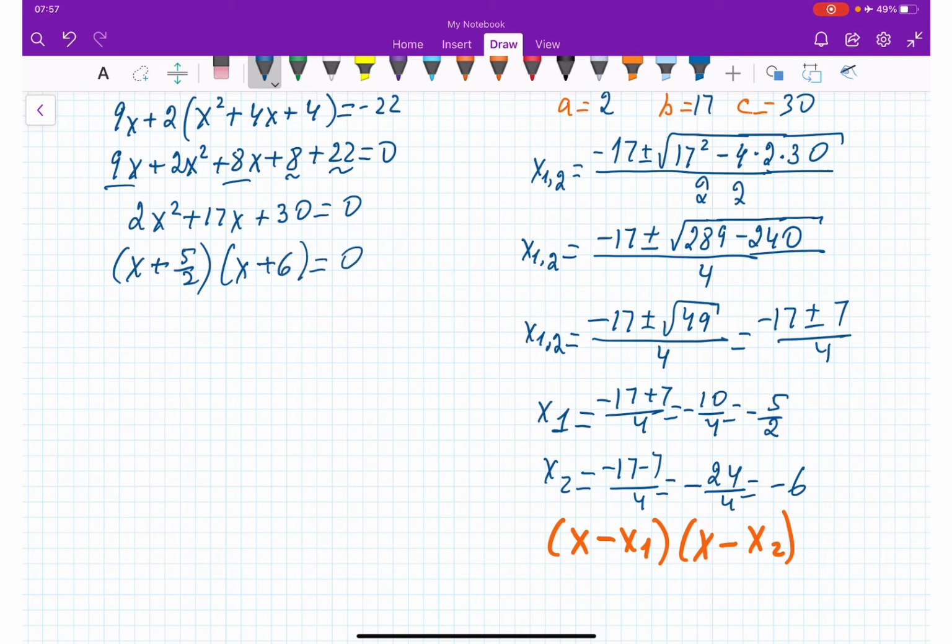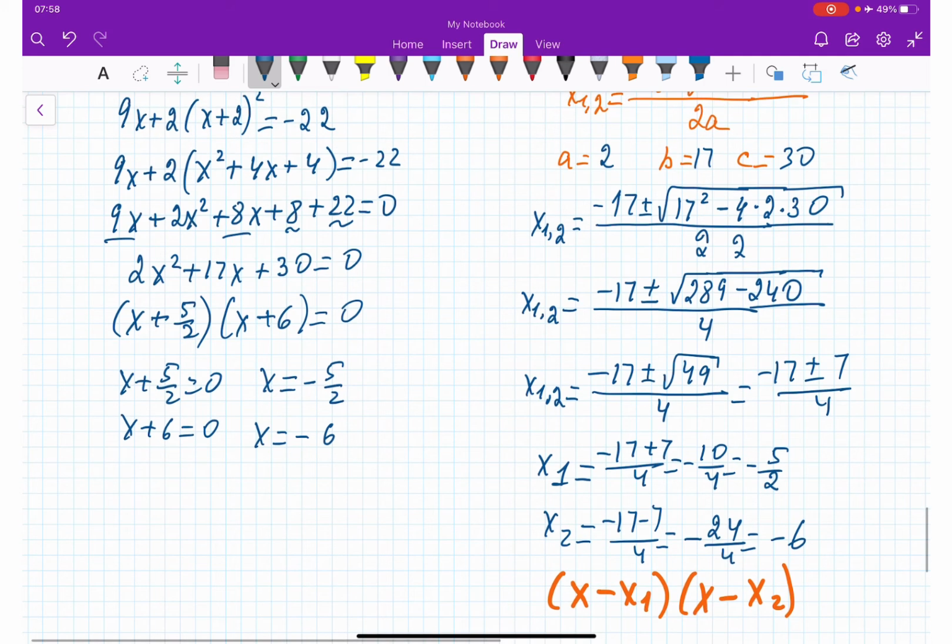From here, x plus 5 over 2 is equal 0, which means x is equal negative 5 over 2, and x plus 6 equals 0. From here, x is equal negative 6.